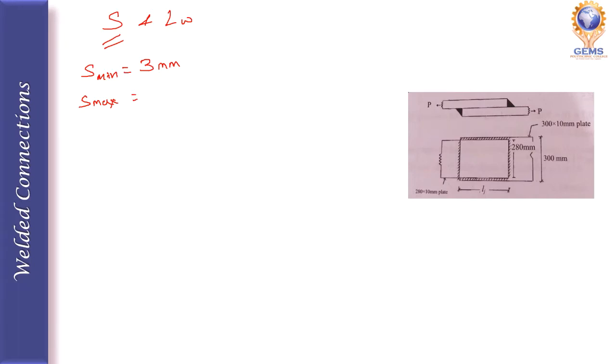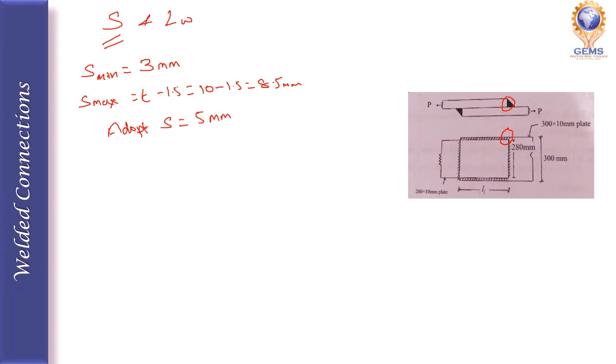Is it a square or a round edge? It is a square fillet weld. So square means thickness minus 1.5. That is equal to 10 minus 1.5. It gives 8.5. So we have to adopt any one value of the size between 3 to 8.5 mm. We are adopting S equal to 5 mm.